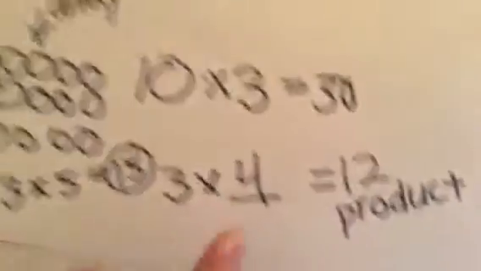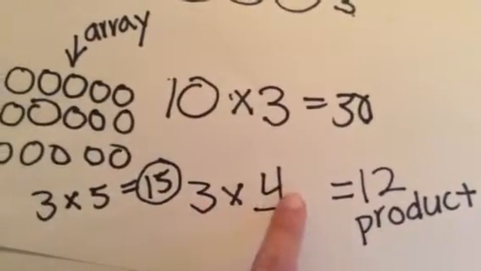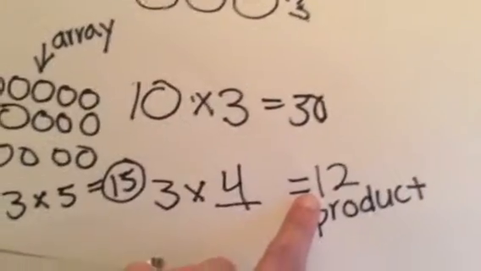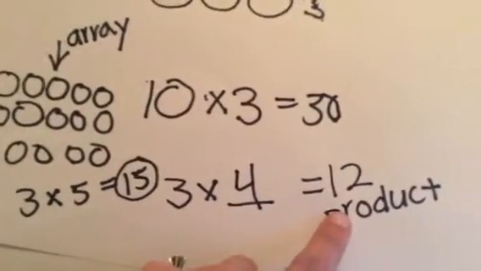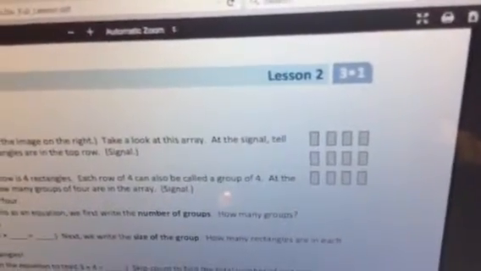So the way that I would write this as an equation would be, look back at my paper here, 3 times 4, because I have 3 groups of 4, and that is going to give me 12. I can skip count, look back at my picture, and say 4, 8, 12. I can skip count by 4s to get 12. My answer, 12.